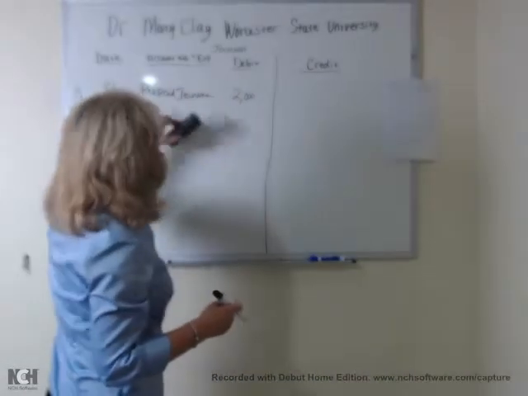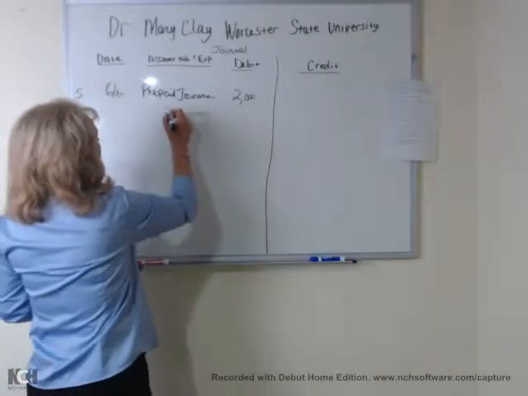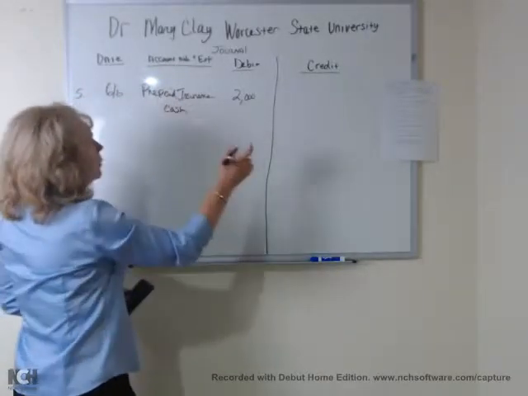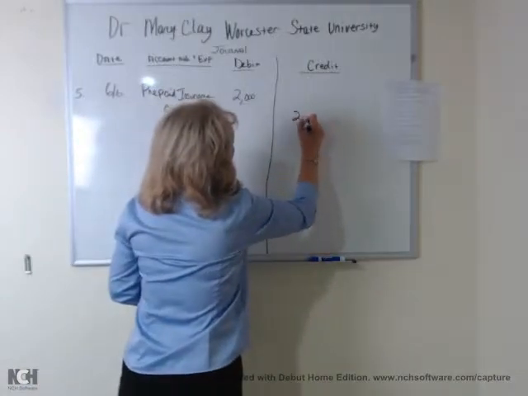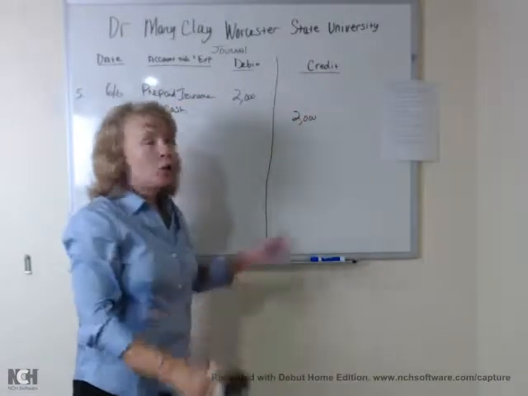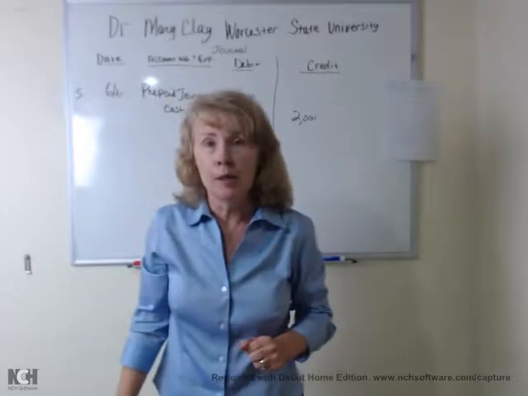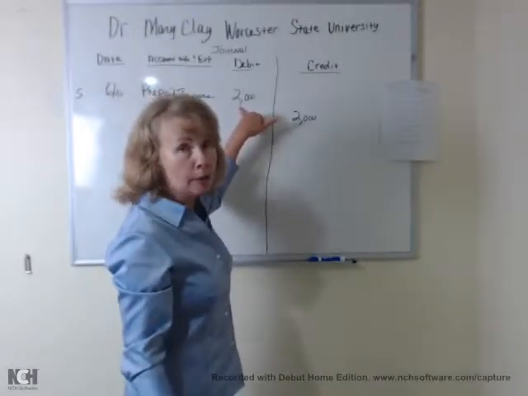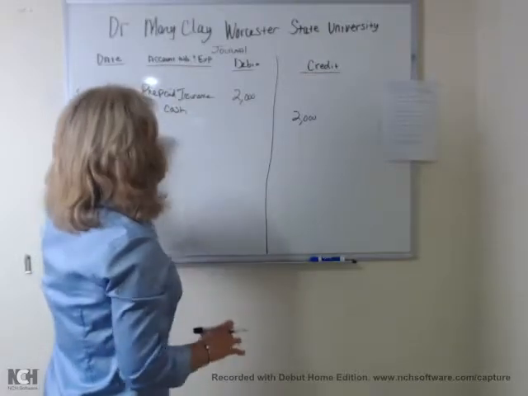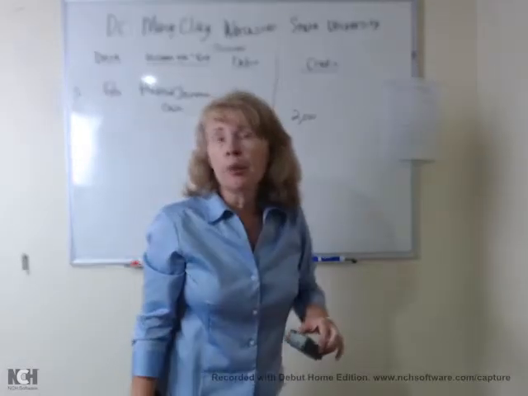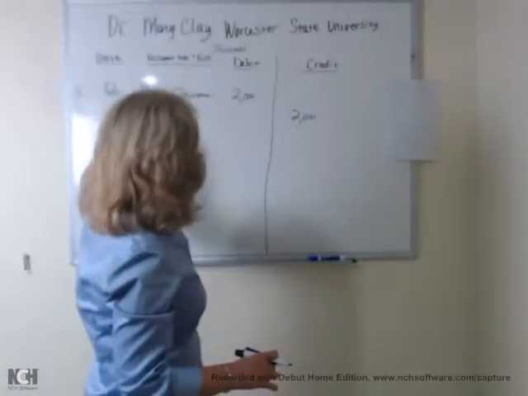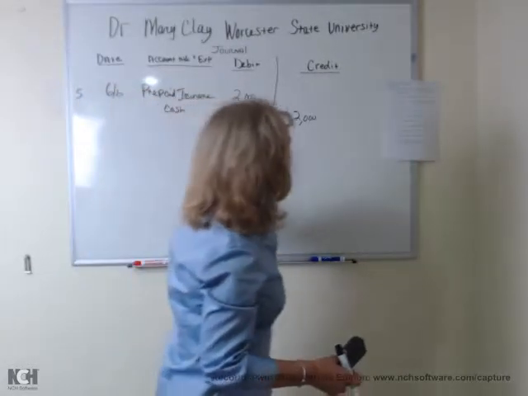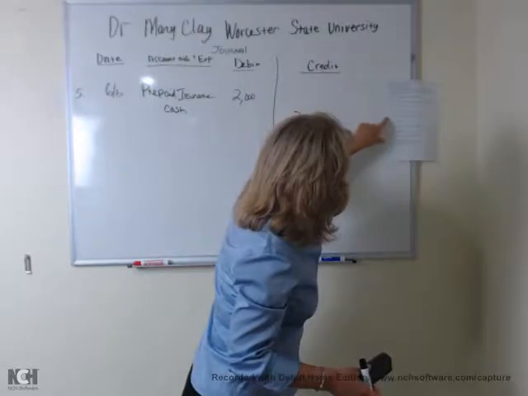So you're going to debit prepaid insurance and you're going to credit cash. Always list your debits first. Also, when you work in the lab, don't forget to put in your commas or the lab will mark you wrong. So put in that comma. And also, you probably will have the explanations. You would just say prepaid insurance, okay?